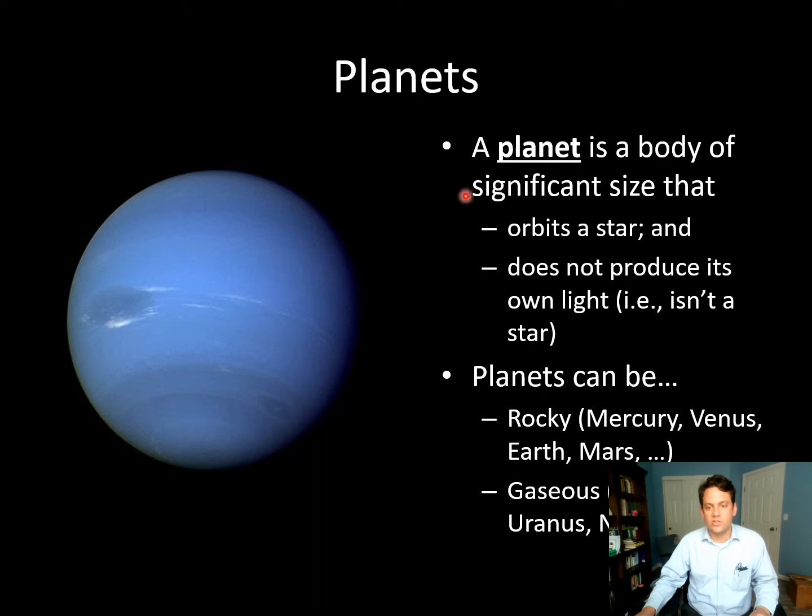Okay, so one thing you might be inclined to ask is what is this significant size here? A planet is a body of significant size. Who decides what significant is? Well, that's a great question. It turns out that people disagree over that, and they've changed their minds throughout history. You may have heard about the demotion of Pluto some years ago. When I was in elementary school, even through high school, and I think even college, Pluto was a planet.